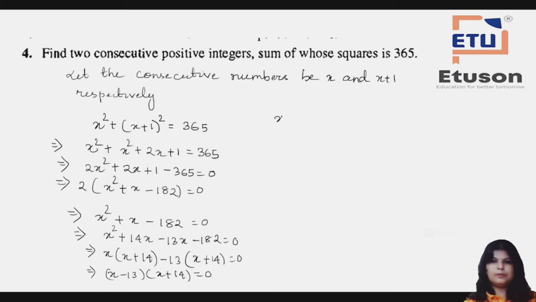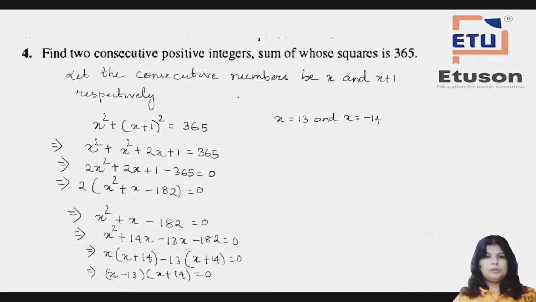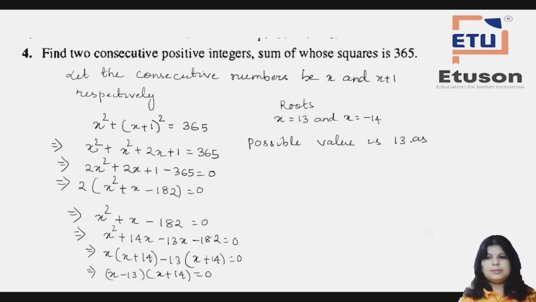So what is the value? Either x is equal to 13 or x is equal to minus 14. Correct. So 13 and minus 14. These are the roots. Because we have to consider the positive integers, the possible value of the integer is 13, as it is positive.